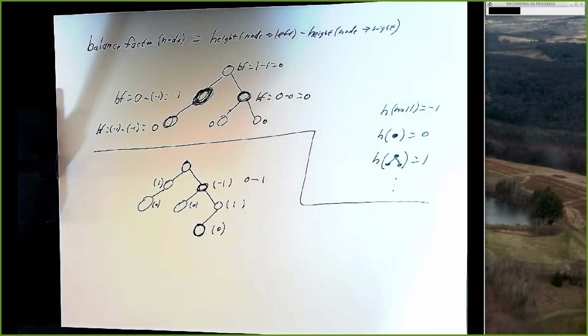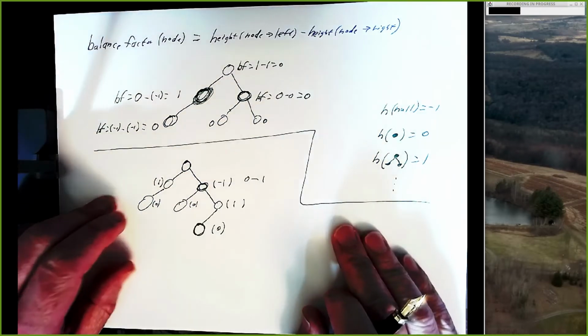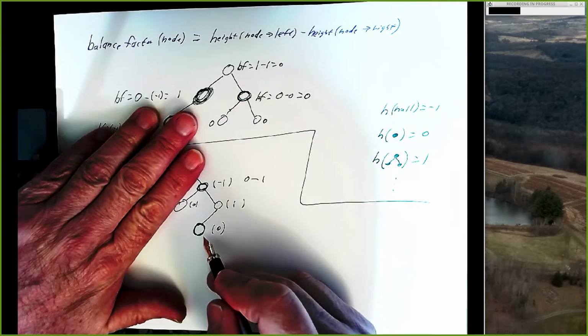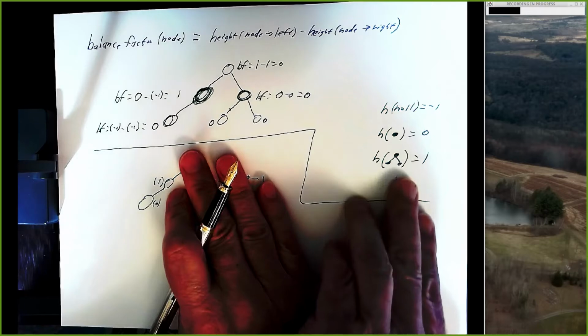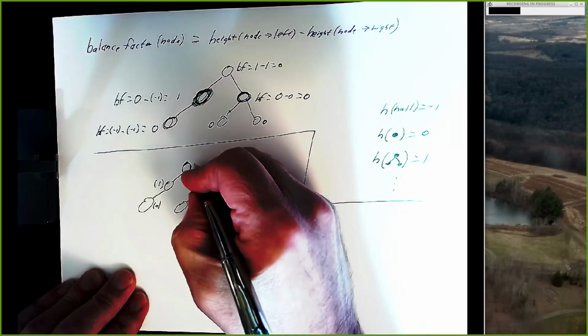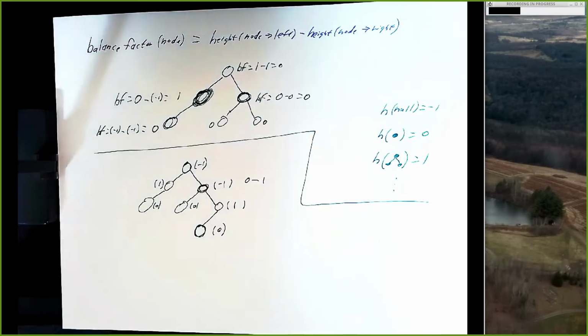Wouldn't it also be a -1? Mm-hmm. Because the right tree is slightly larger. Yeah, right tree looks like this, that has a height of 2. Left tree looks like this, that has a height of 1. 1 minus 2, that's -1. So hey, it's still a balanced tree.